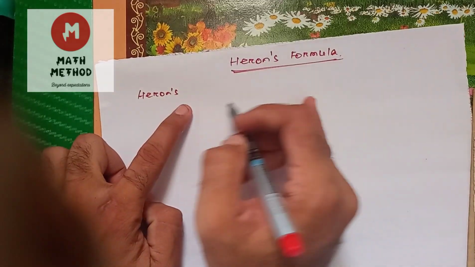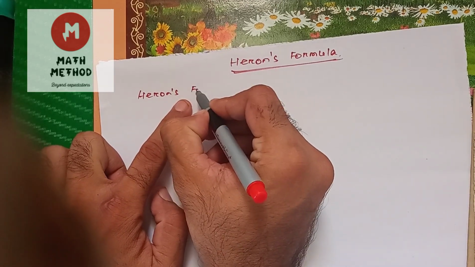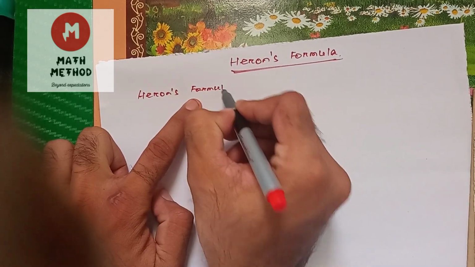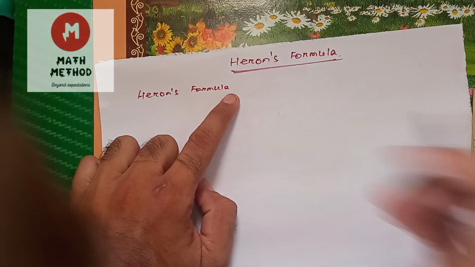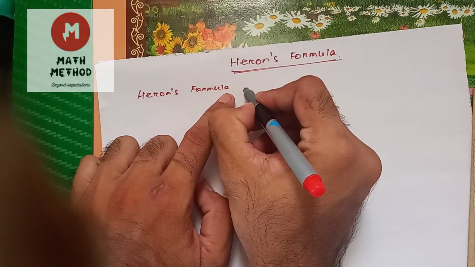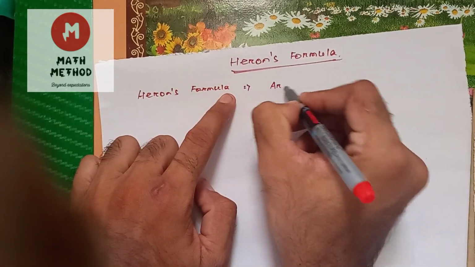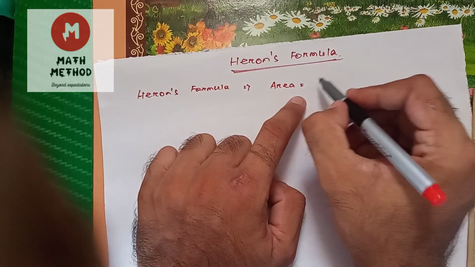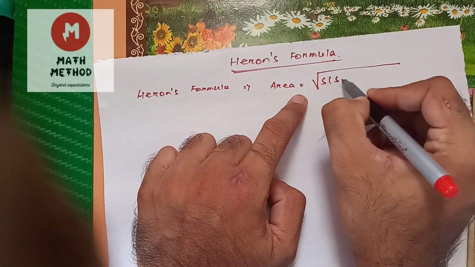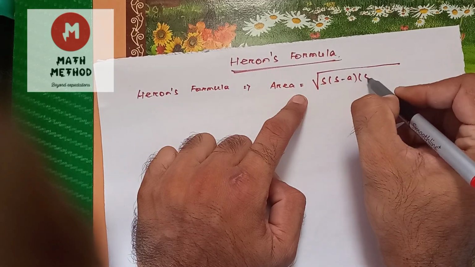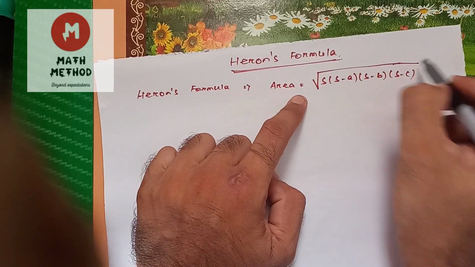Hi, now we will start with Heron's formula. Heron's formula for the area of a triangle: area is equal to root over s into s minus a into s minus b into s minus c. Clear?